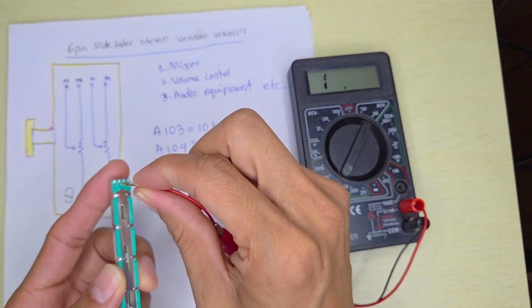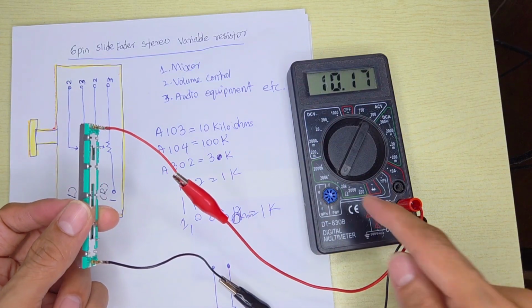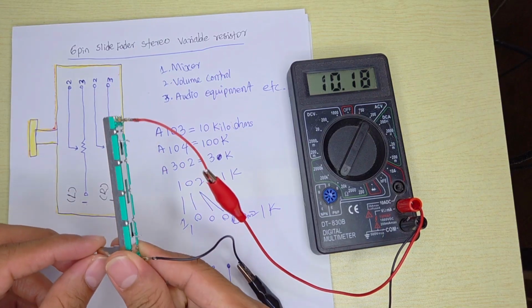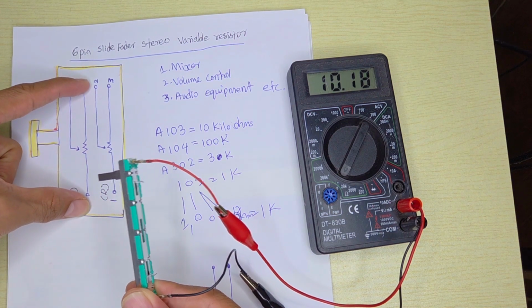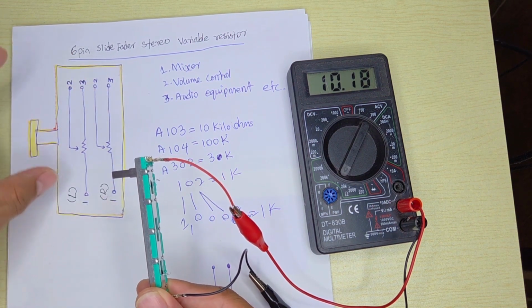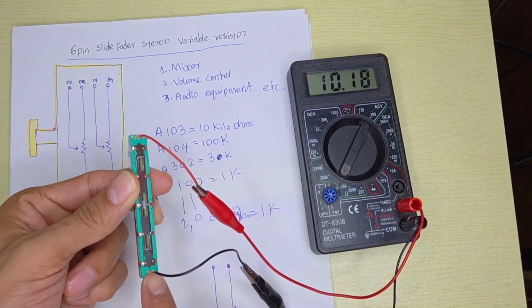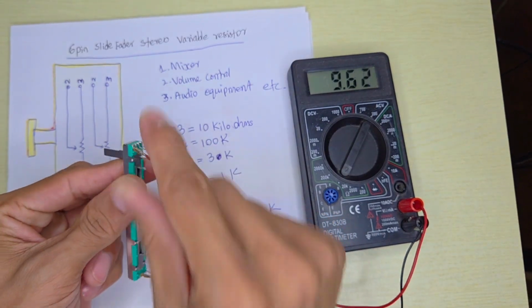No matter how we push the slider, the value will not change; it is fixed. But from pin 1 to pin 2, the value will change. Pin 1 remains here and the other probe goes to pin 2.